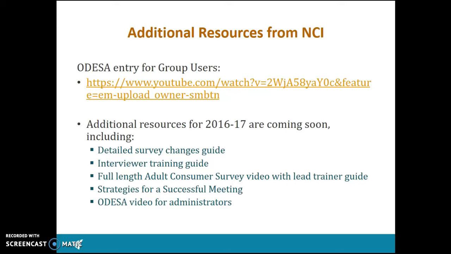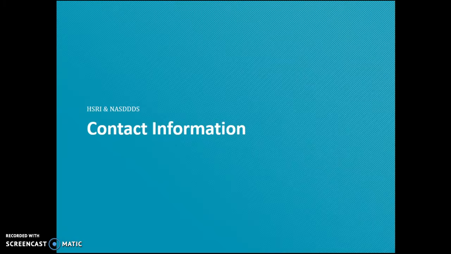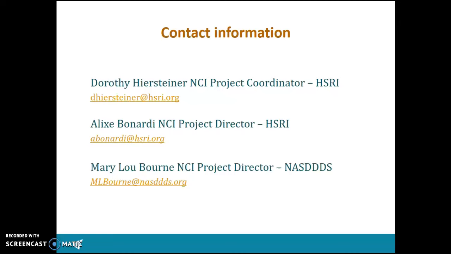We also have some videos on data entry for Odessa, as well as some additional resources, including an interviewer training guide and some videos. And we have some contact information for our project coordinators and directors of NCI.